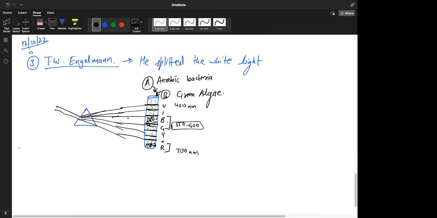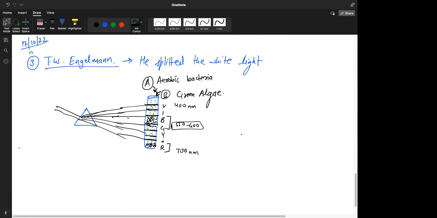You don't have to remember this, but just remember that the blue and the red spectrums were the two spectrums where the bacteria was found. So it proves that these two light ranges are more responsible for photosynthesis. Now we'll remember this experiment. I will come to it and connect it later on.